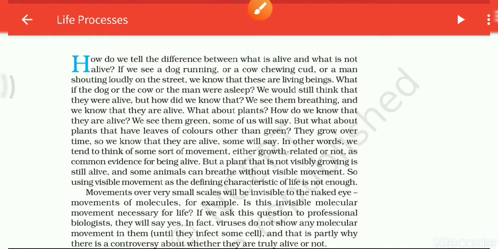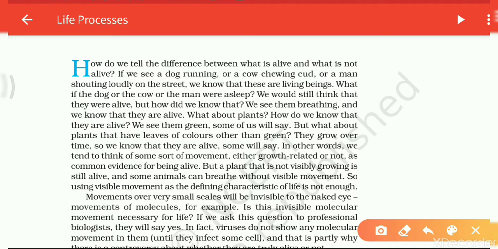We see them breathing. Okay students, first of all, before the breathing part, in this paragraph they want to say that if the organism shows movement, then we can say that this person is alive. The most important criterion to decide whether something is alive or not is movement only.